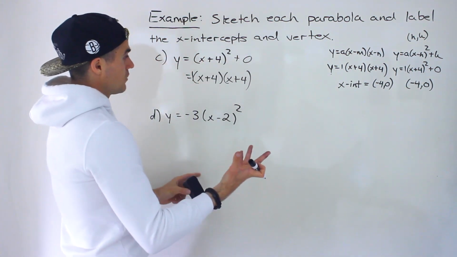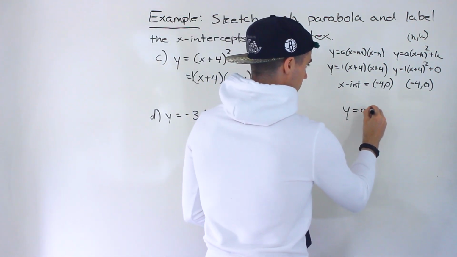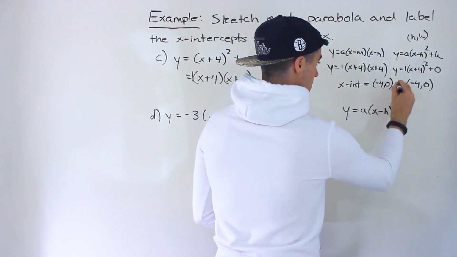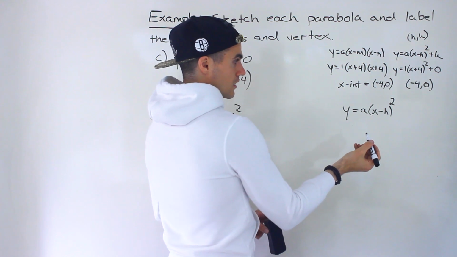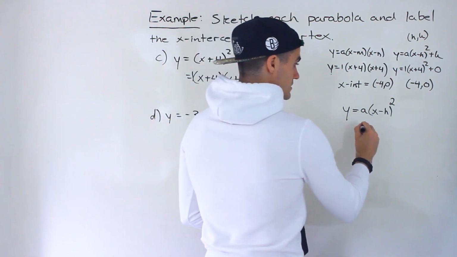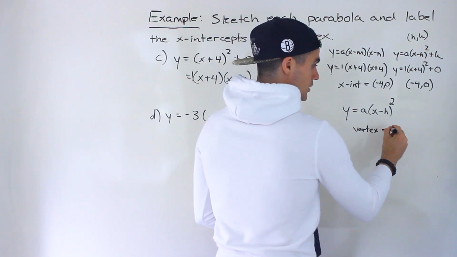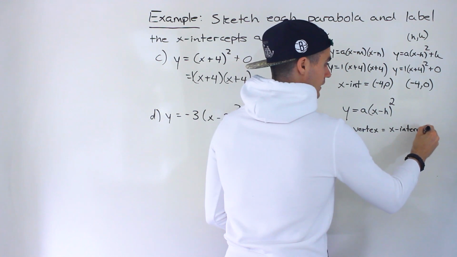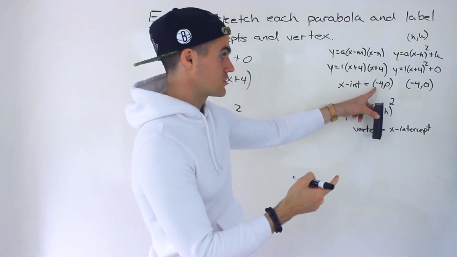So just in general, if you get a quadratic like this, where you got x minus, let's just keep it like this, the vertex is actually equal to the x-intercept. The vertex and the x-intercept, notice there's only one x-intercept.